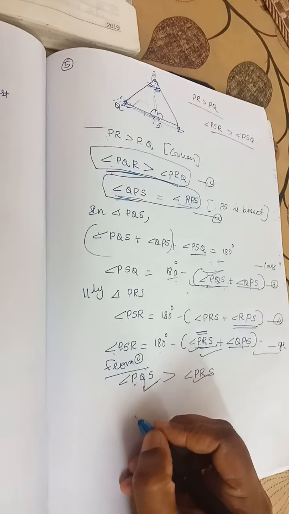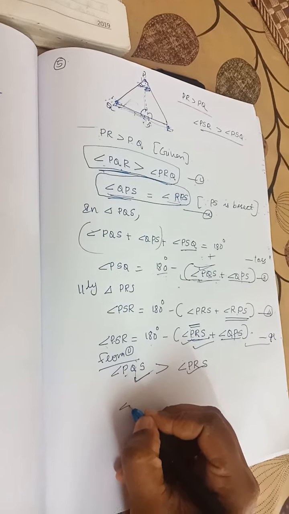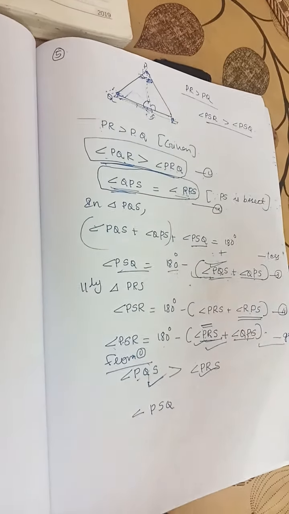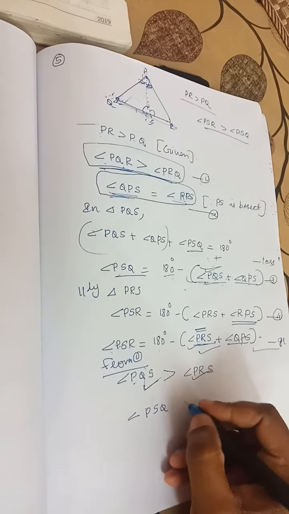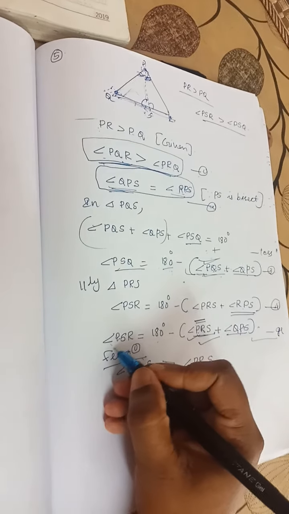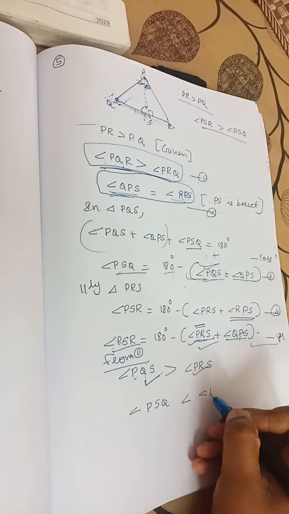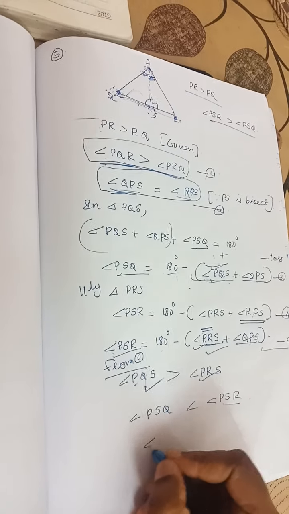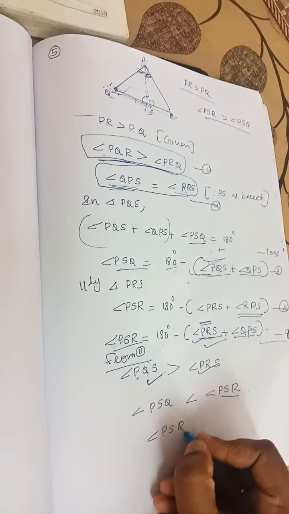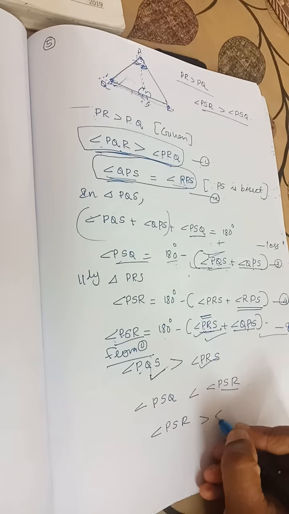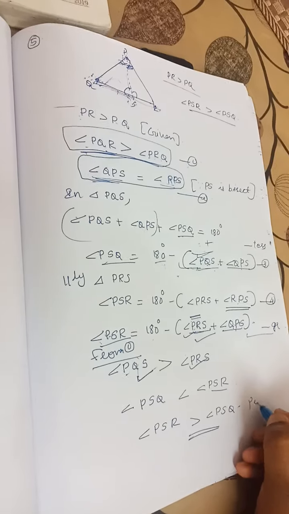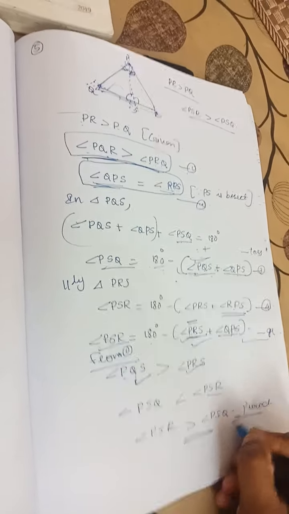So we can write from here angle PSQ is the lesser one, so PSQ is less than angle PSR. I am reversing this: angle PSR is greater than angle PSQ. This we had to prove. After that you should write, hence proved.